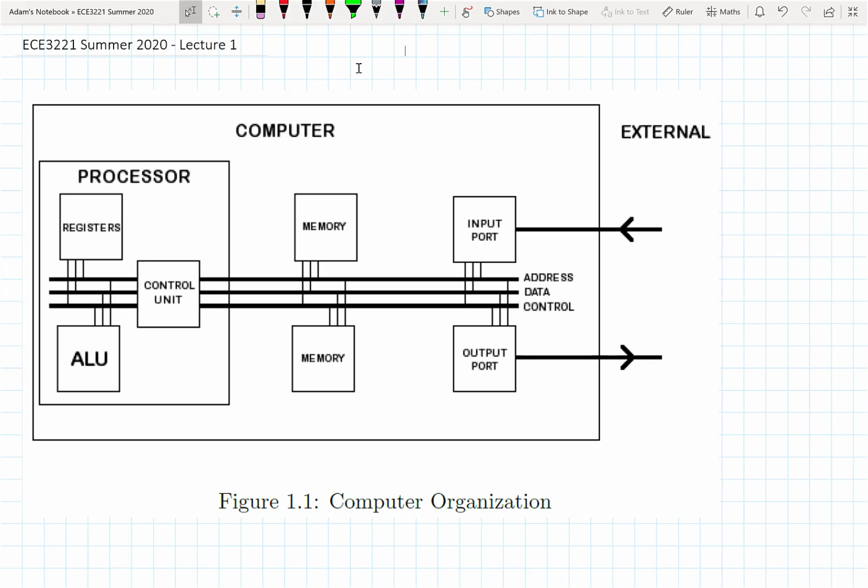Sometimes we forget about the requirement for these external connections, yet we interact with those external interfaces all the time in the various computers that we use on a daily basis, whether it's your desktop computer or your laptop computer. We've got outputs in the form of a screen, in the form of audio.